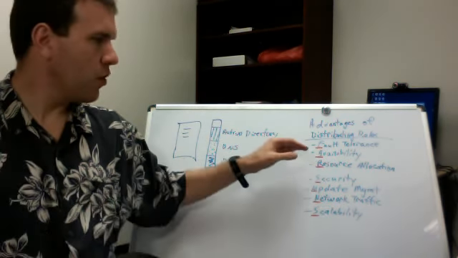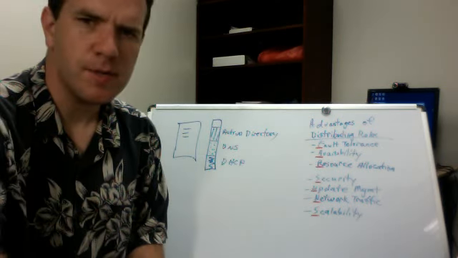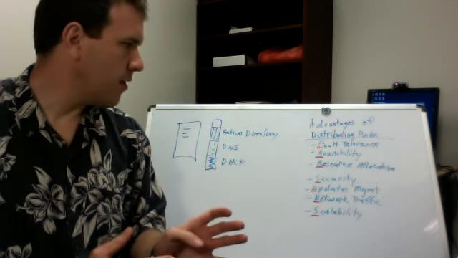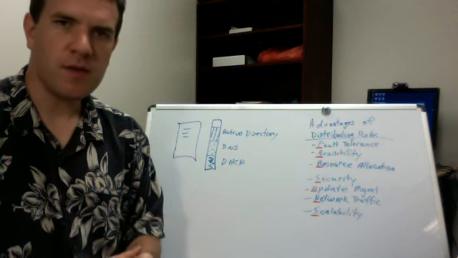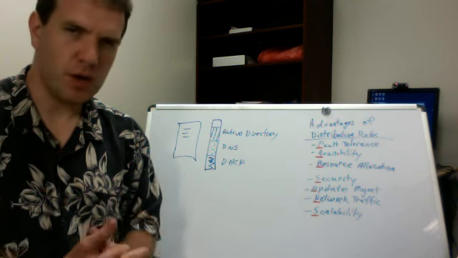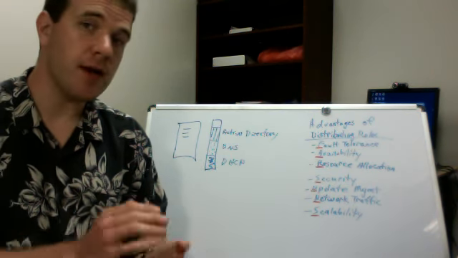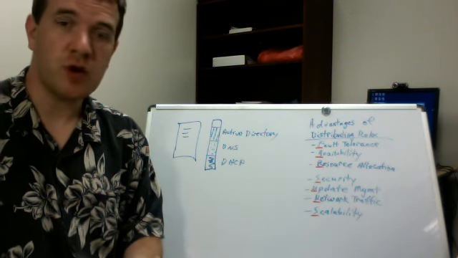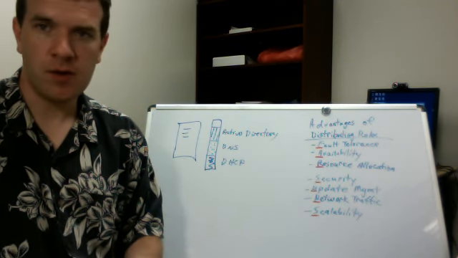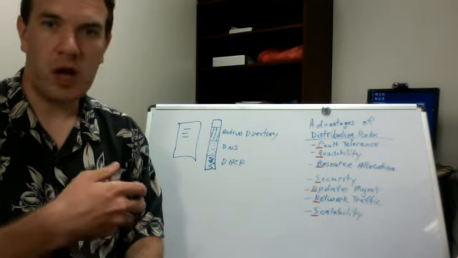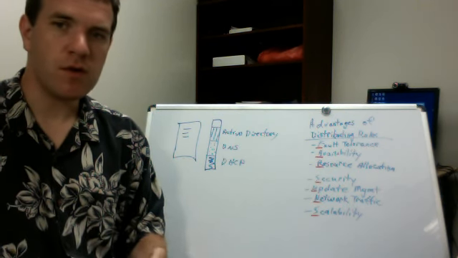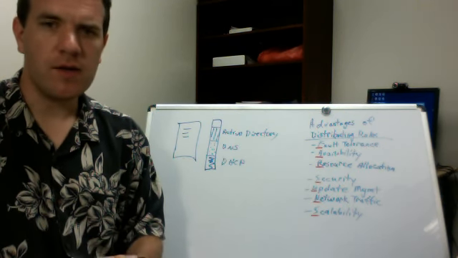Then we have resource allocation. What this means is that the demand for these different resources may fluctuate over time. It may go up, it may go down. For example, you may have lots of web traffic during a certain time of day when your customers get home from work, or maybe it's a business-to-business server, and so they're ordering during heavy times.